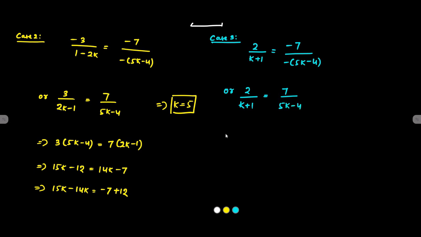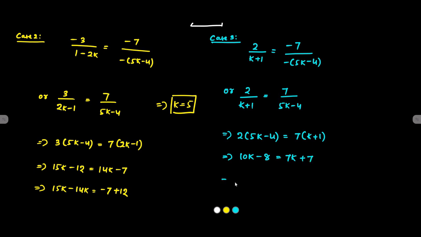Minus gets cancelled. That implies 2 into 5k minus 4 is equal to 7 into k plus 1. That implies 10k minus 8 is equal to 7k plus 7.